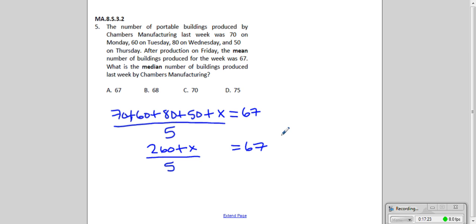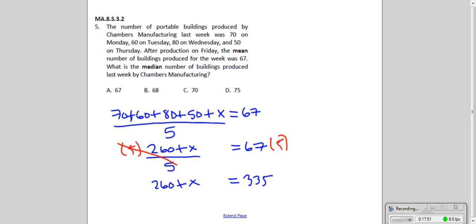Now it's just a two-step equation. So the farthest term from the variable that we're solving for is 5. So we move that 5 first by multiplying both sides by 5. These will cancel. And you get left with 260 plus x equals the result of 67 times 5, which is 335.